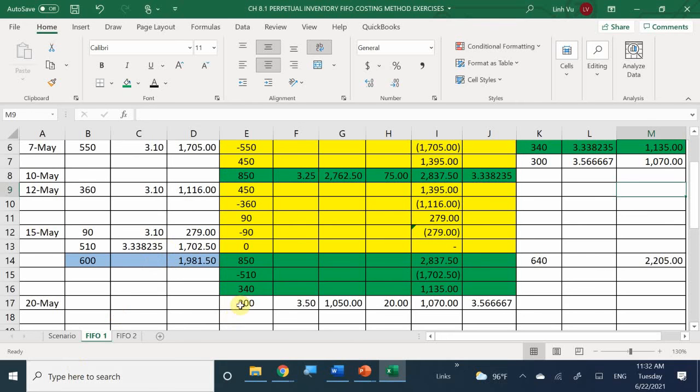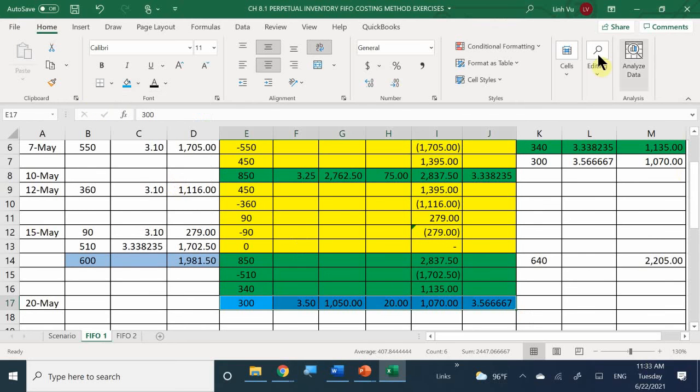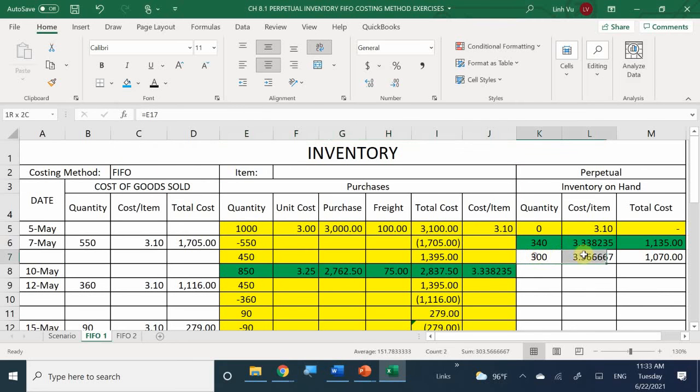I'm going to choose, we'll make this one blue since we're running a little out of time. So there you go, blue. Making my third batch now because I had a yellow batch, a green batch, and a blue batch.